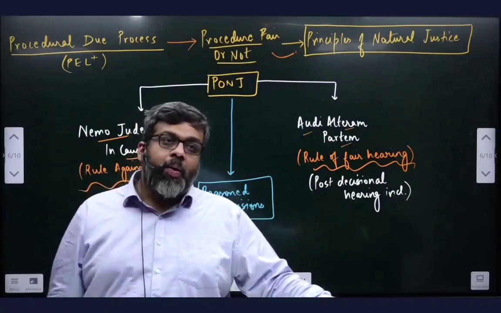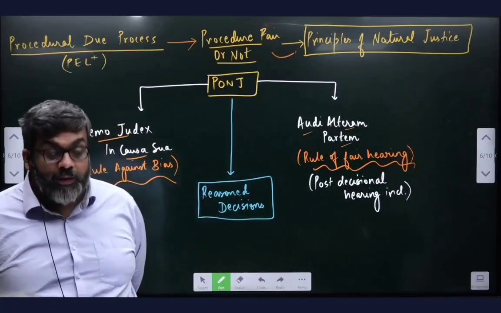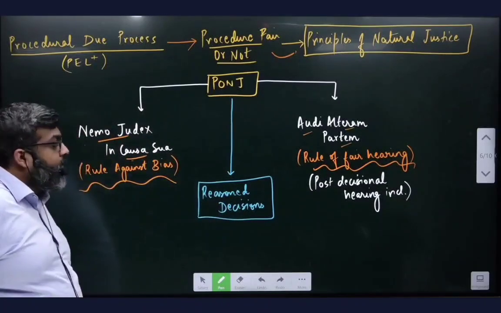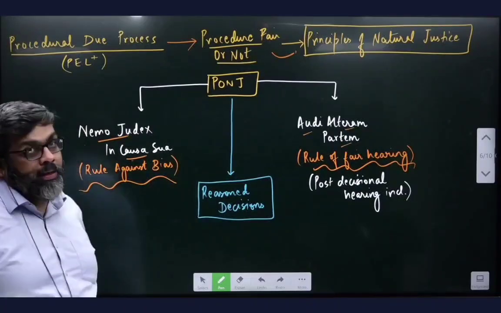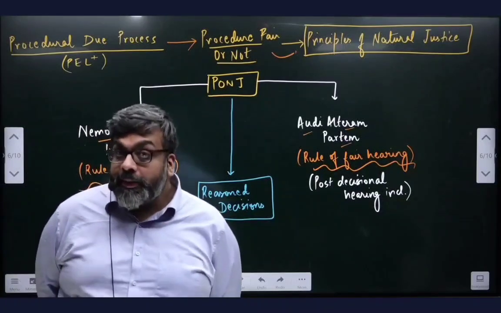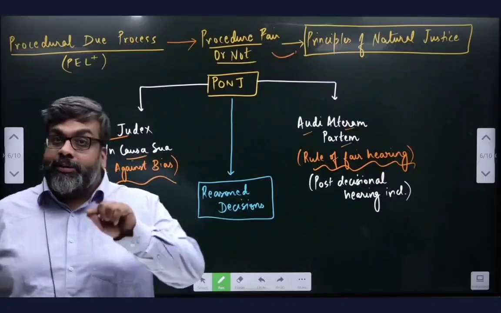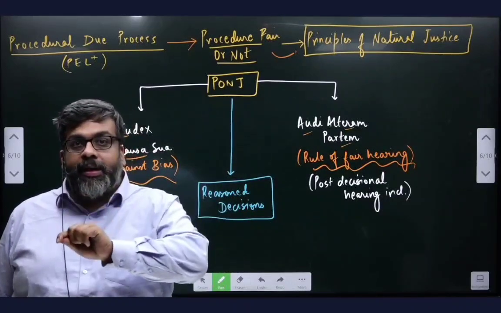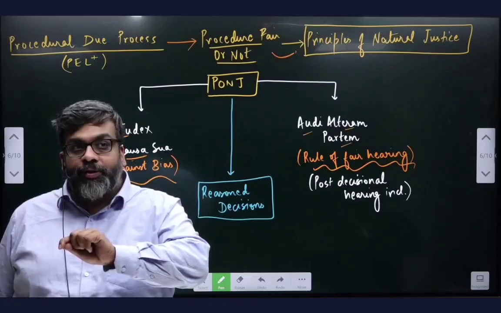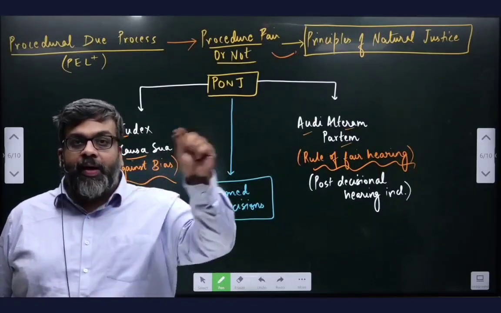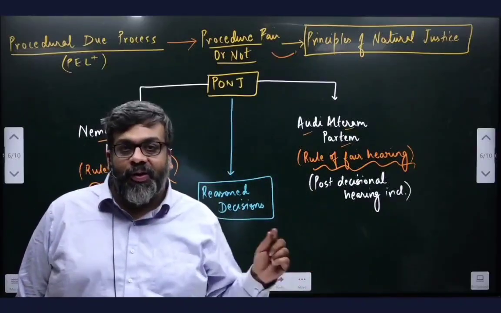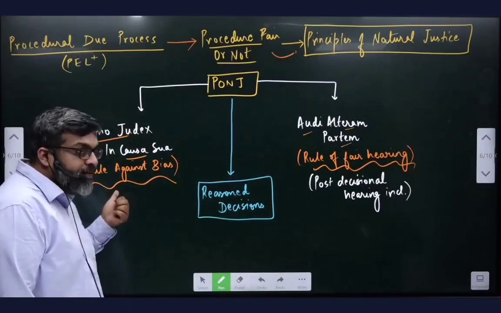For example, one of the things that contempt of court is severely criticized for is effectively the rule against bias, nemo judex in causa sua. Because in contempt of court, you've disrespected the court and the court is initiating contempt proceedings against you. The person that you have harmed is the person deciding whether they have been harmed or not. There's a clear conflict of interest.